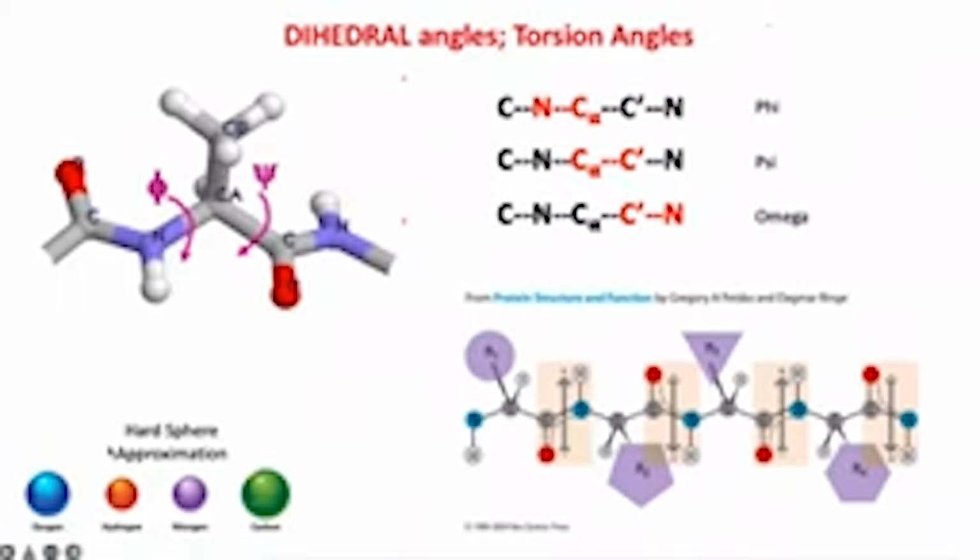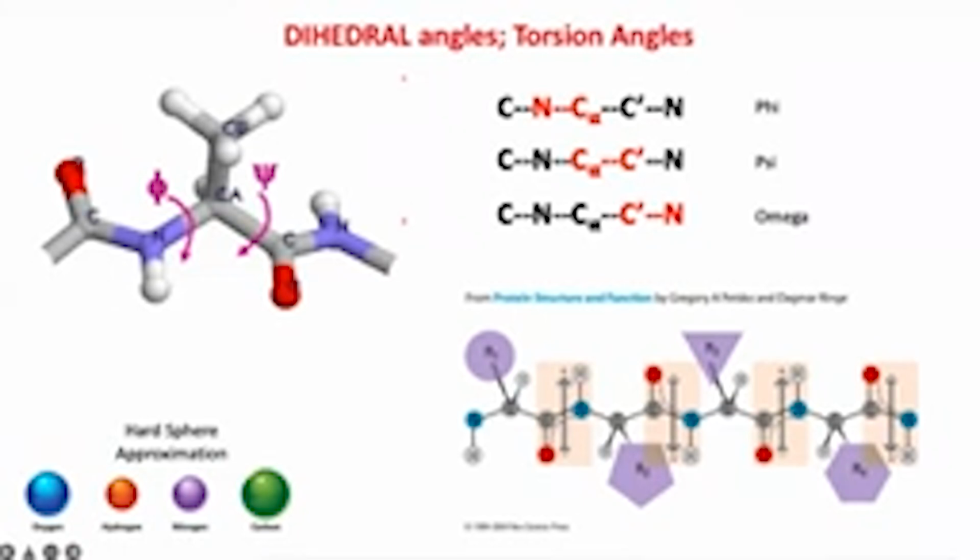And he built physical models, and then he turned these models around the torsion angles, because phi and psi were the only two things which could be rotated. Omega could not be changed, it was at 180 degrees. And of course, the side chains, depending on how big or small they were, were also important. But it turned out for secondary structure, the rotation of phi and psi were the main critical parameters.